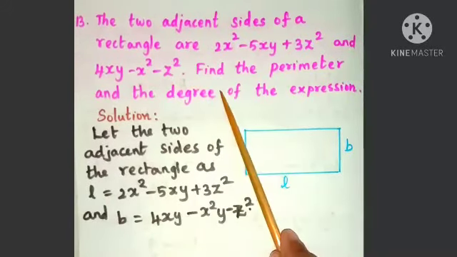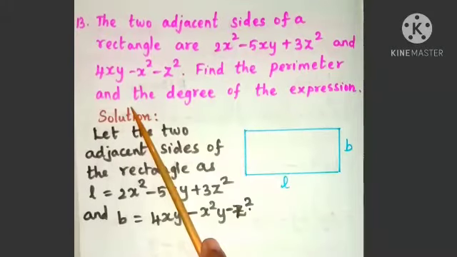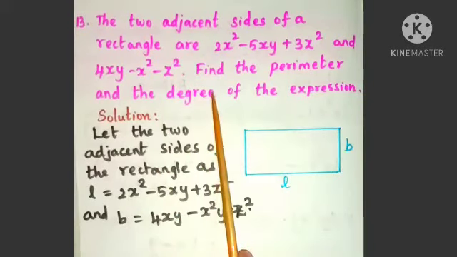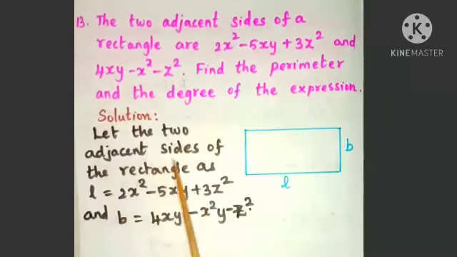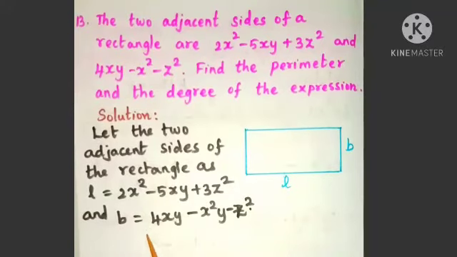Here we need to find the perimeter, and then for that perimeter expression we need to find the degree. So let the two adjacent sides of the rectangle be L, equal to the first expression, and breadth B as 4x squared minus x squared y minus z squared.